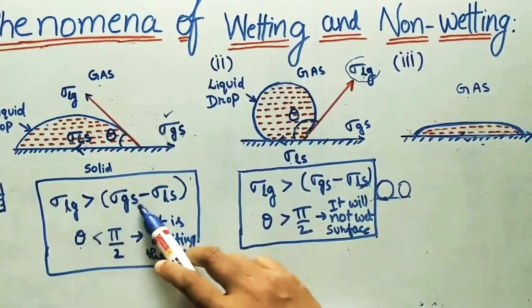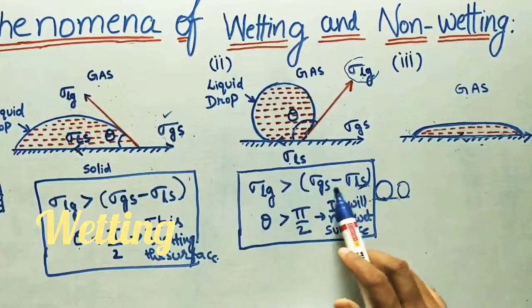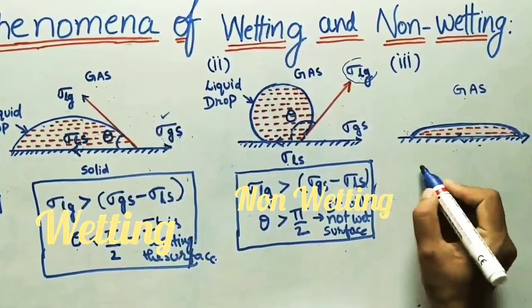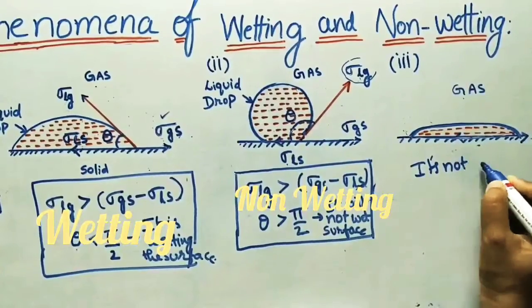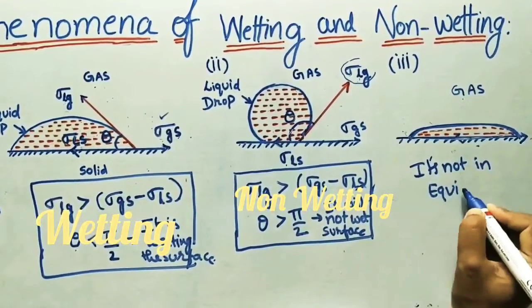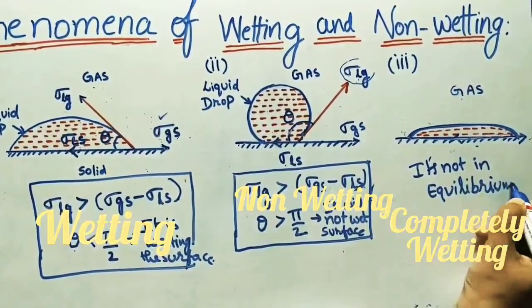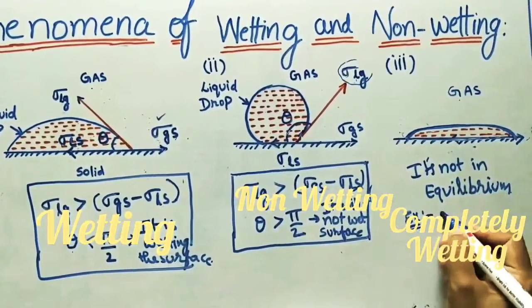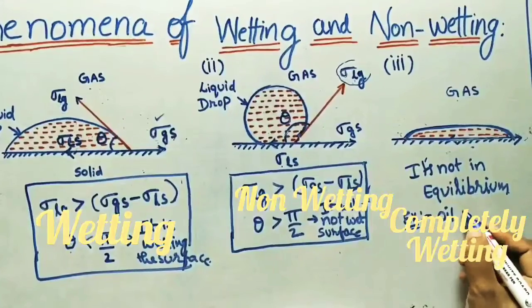In the first case, it is the wetting phenomenon. In the next case, it is not the wetting phenomenon. In the third case, it will spread on the surface. It is not in equilibrium, but it will totally wet the surface. It is a completely wetting phenomenon. Remember these three cases.